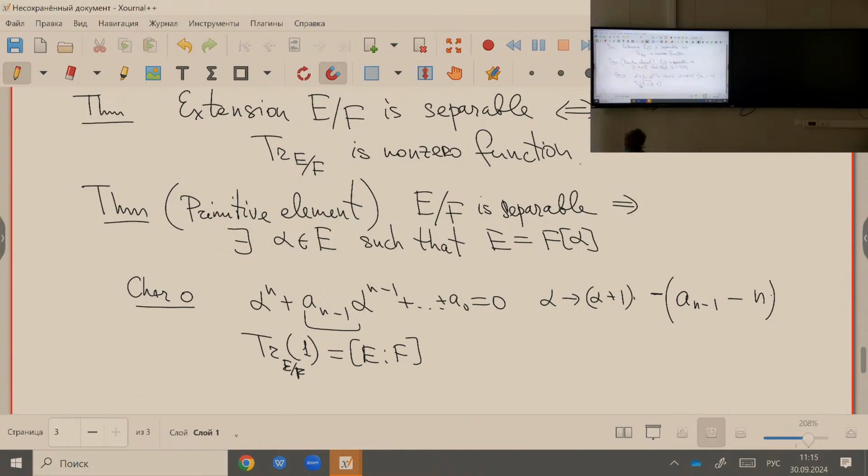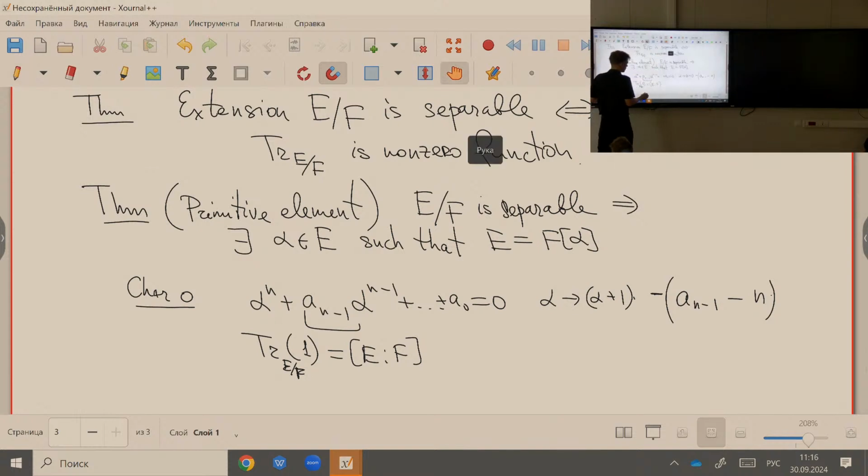But morally, if you are given that formula related to the coefficient of the polynomial, or just knowing that the trace is the usual trace of the operator, you see that in characteristic 0 this is quite a simple observation, that the trace is non-zero.